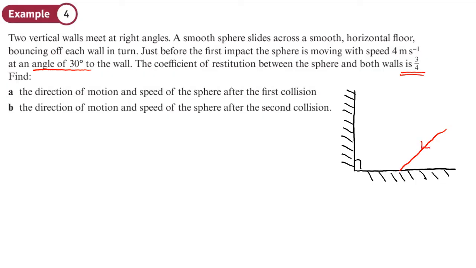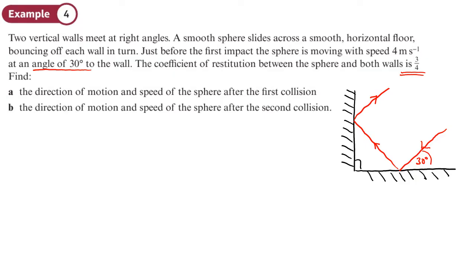Where this is 30 degrees. And then it's going to bounce off there, and then bounce onto that wall and bounce off again like this. This is just a sketch, so don't think these are right angles, it must definitely be this particular angle.